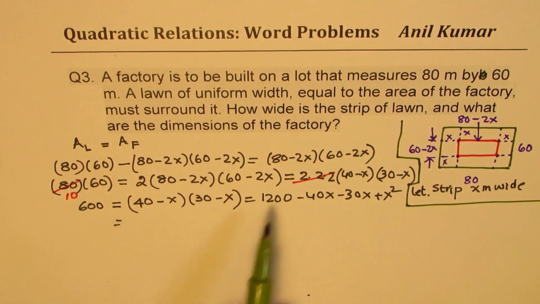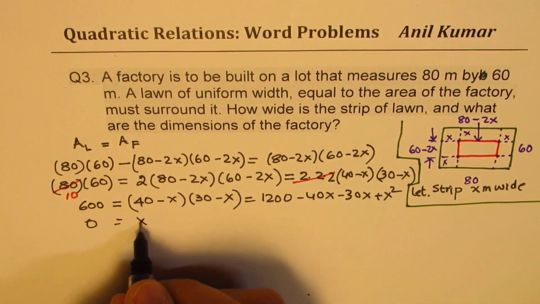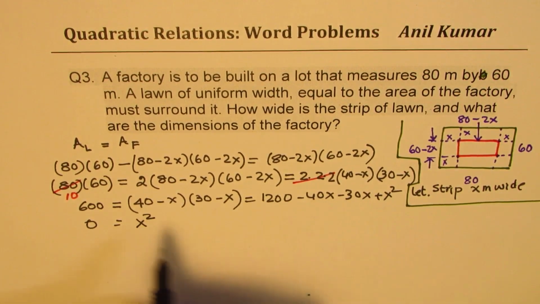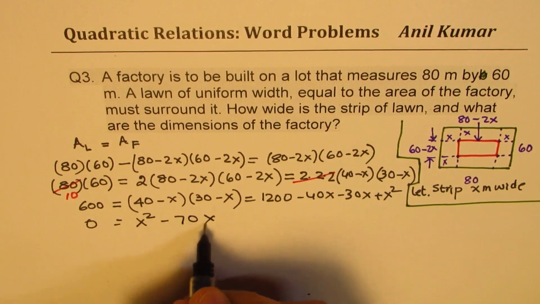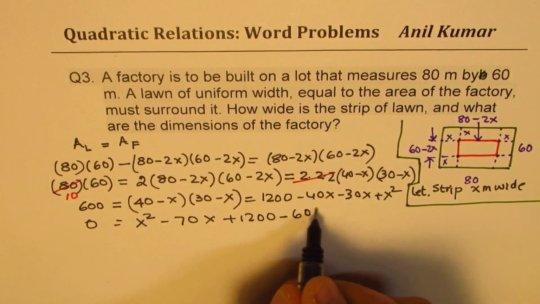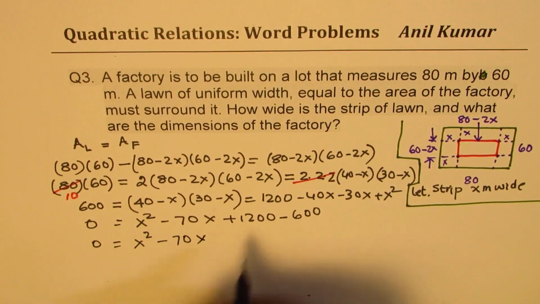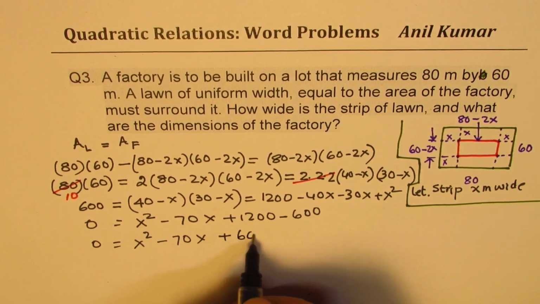So we have 600 equal to all this. Let's bring that 600 to the right side. So we get 0 equals, good practice to write x squared first, then these terms, which is minus 70x, and we have plus 1200 minus 600, correct? So which is x squared minus 70x plus 600, correct?